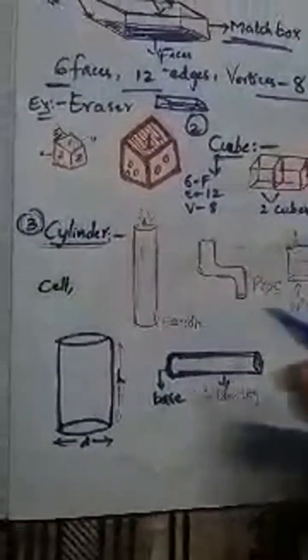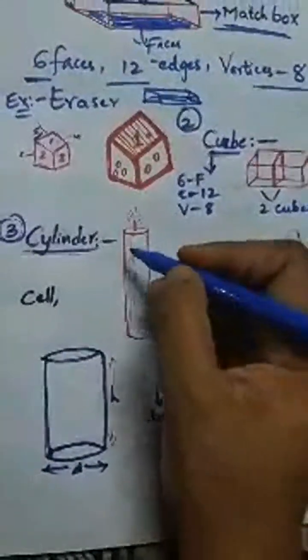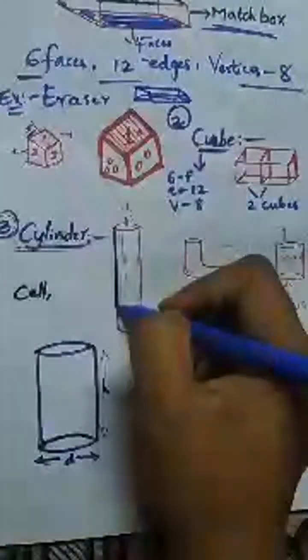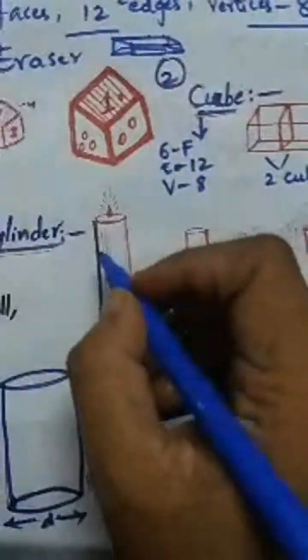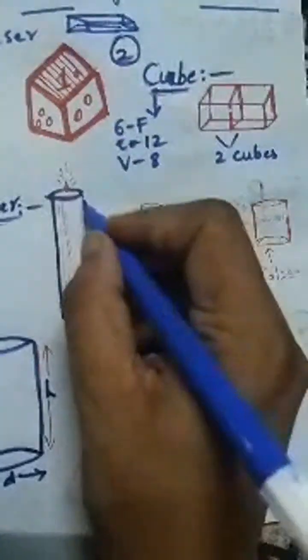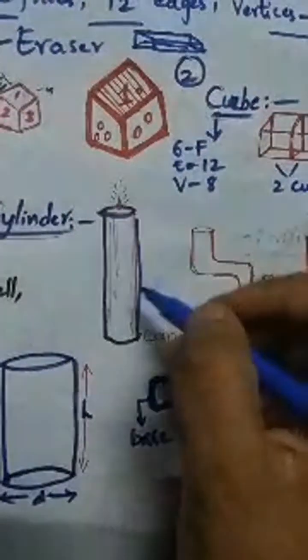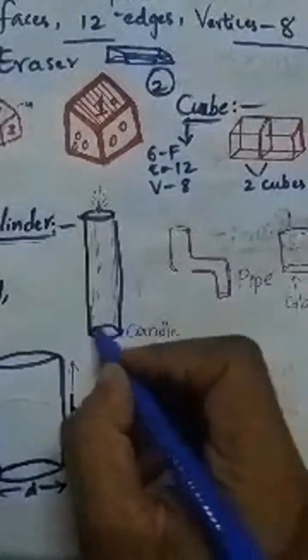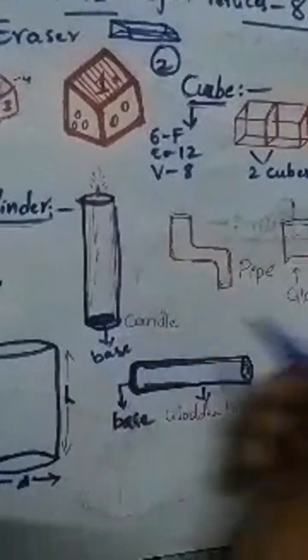Now what is a candle? Also a cylindrical shape only. Okay children, candle, something like this only. And top and bottom are in cylindrical shape. We get the bottom like this, we stand it as a base. Stand on the base.